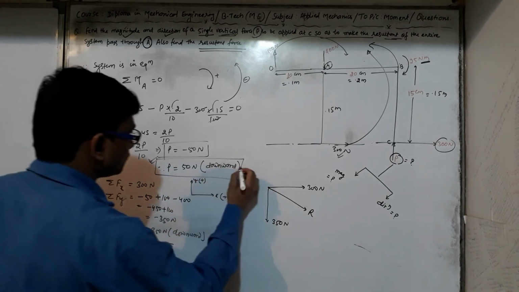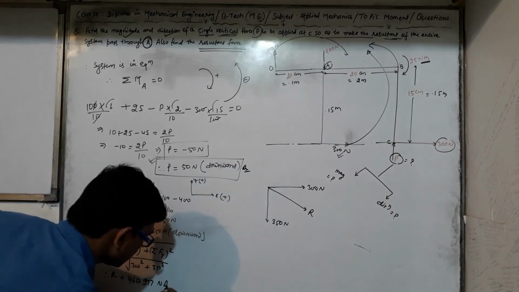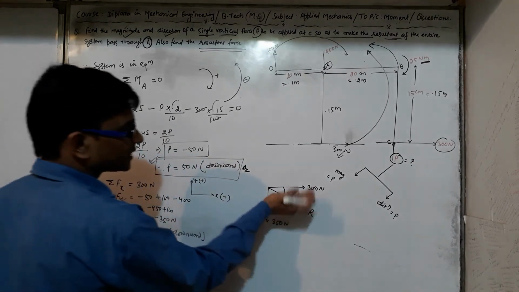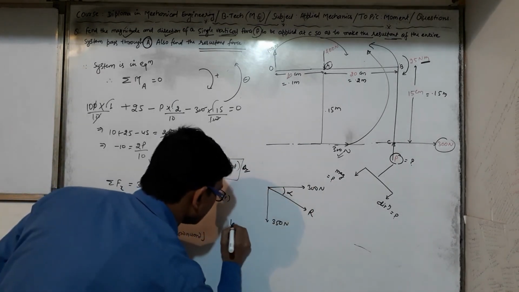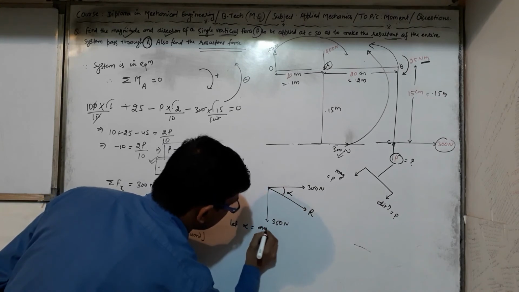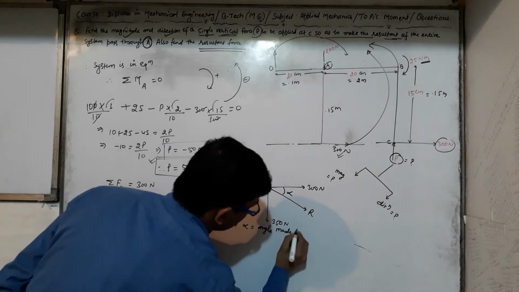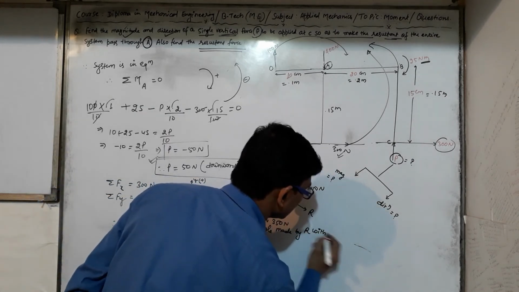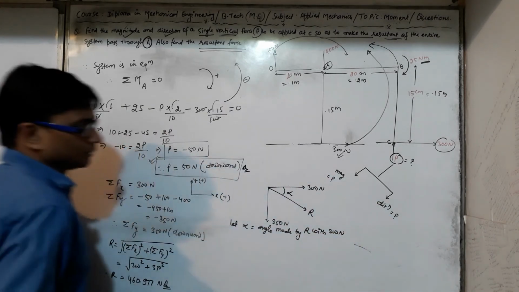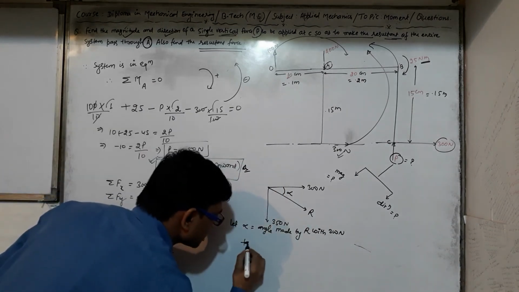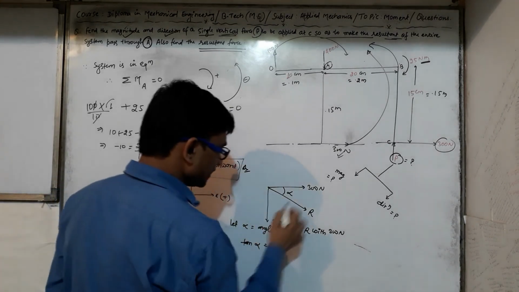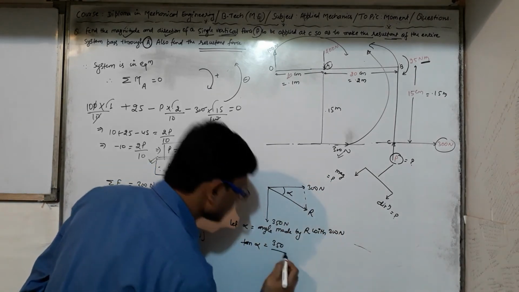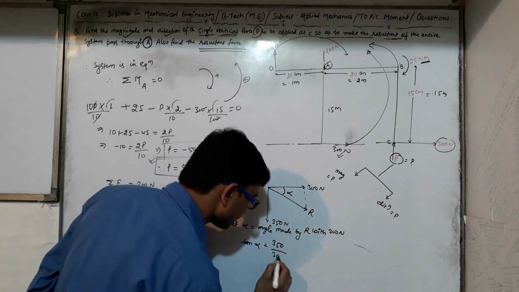So one more answer we have got, the resultant, and let alpha be the angle made by this resultant R with the 300 Newton. So tan alpha, vertically 350 Newton is acting, so 350 perpendicular divided by the base, that is 300.